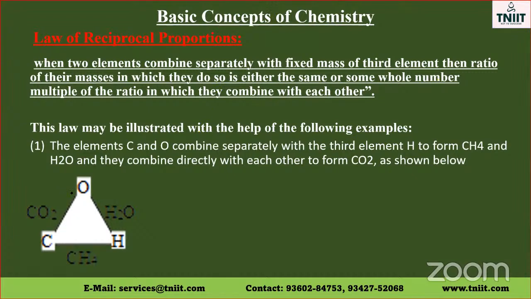The first example is the elements carbon and oxygen. The elements carbon and oxygen combine separately with a third element. Carbon combines with hydrogen to form methane. The third element is hydrogen, the first element is carbon, and the second element is oxygen.